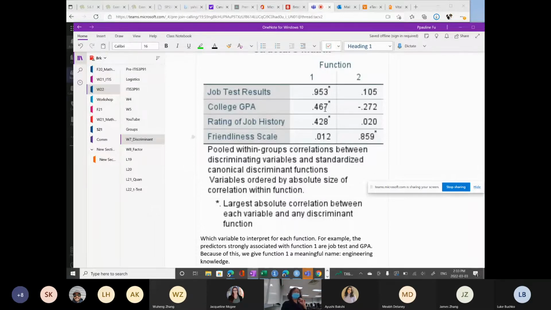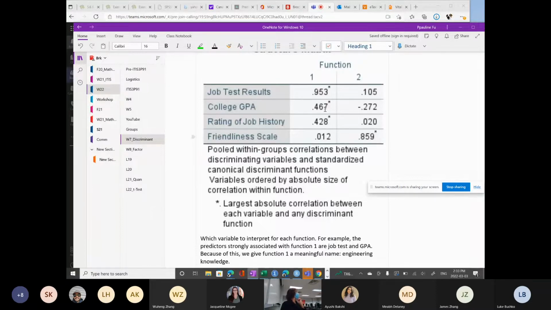0.428 is really close to 0.467. So wouldn't you also pick that one? You could, yes. But usually we just pick the one most important. So for function 1, you pick 0.953. For function 2, you pick 0.859.